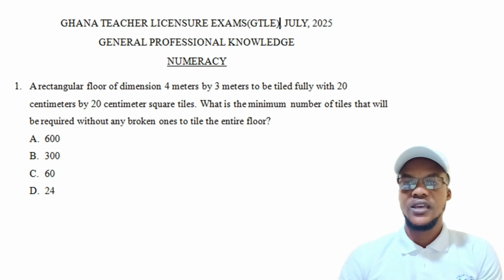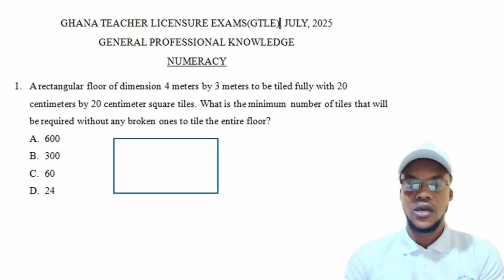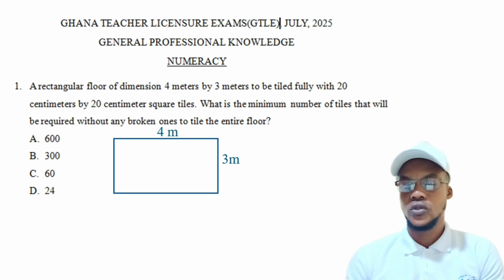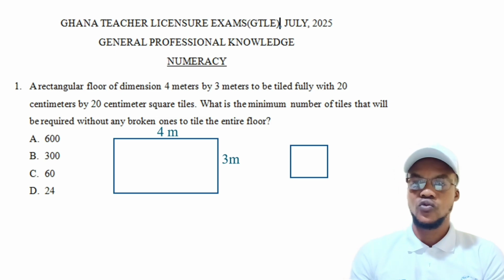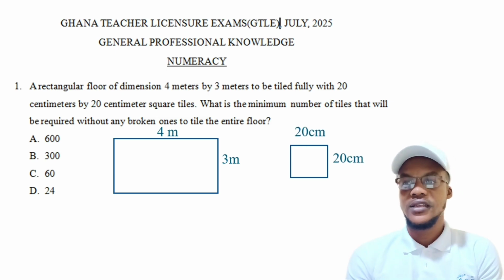So if we take this as our rectangle, then the length takes the 4 meters, and the width or breadth takes the 3 meters. Then we can also choose this as our square, which is given as 20 by 20 centimeters.